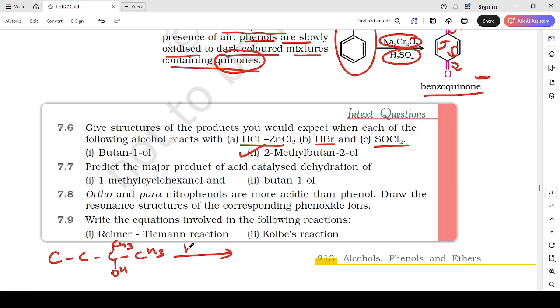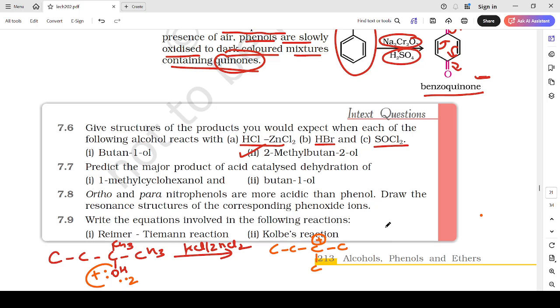I treat it with HCl in the presence of zinc chloride. What should happen? Protonation will happen so that it becomes plus OH2. You will remove this water, isn't it? Now you'll have CH3CH2C(CH3)2 plus.